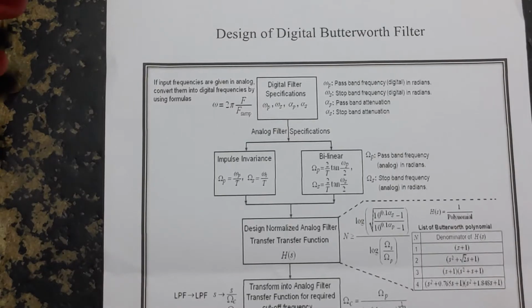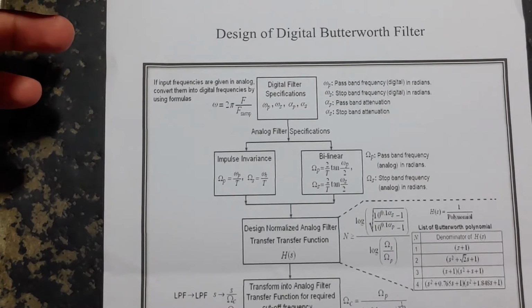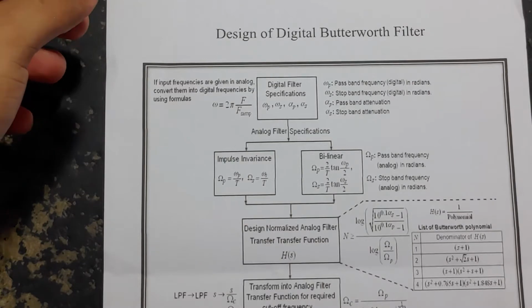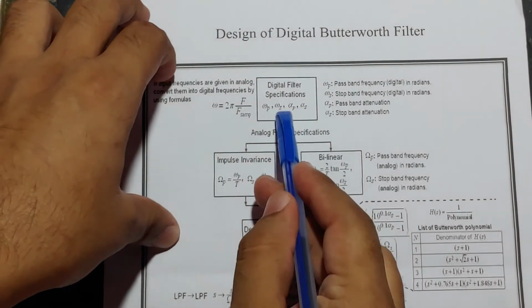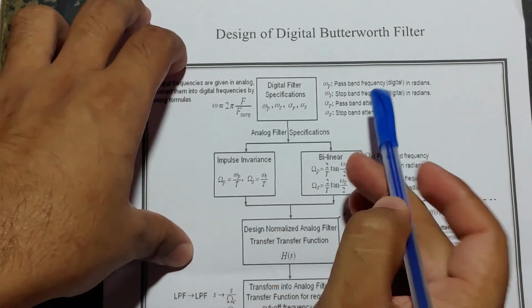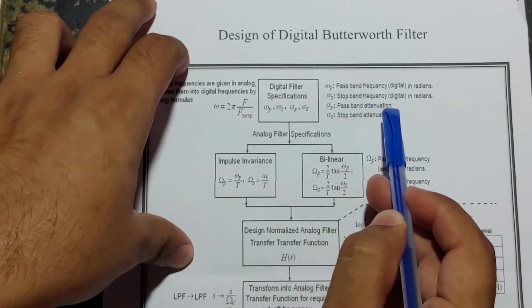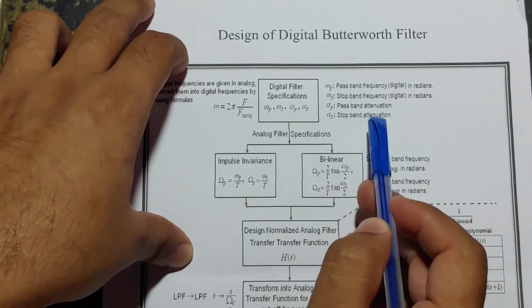Now let us know the steps that are used while designing a Butterworth filter. First of all, we will be provided with the values like passband frequency, stopband frequency, passband attenuation and stopband attenuation.